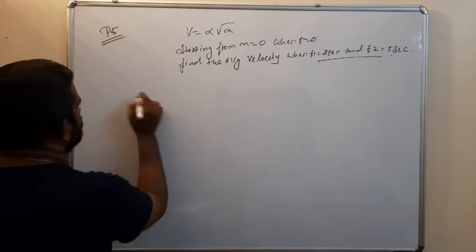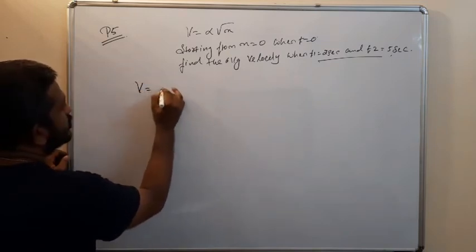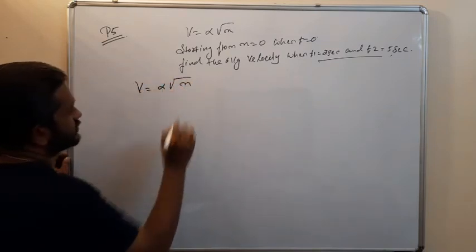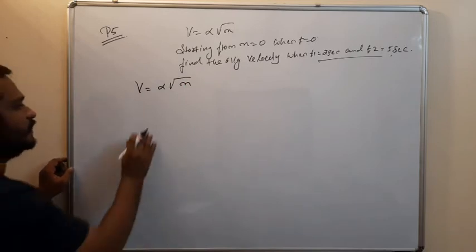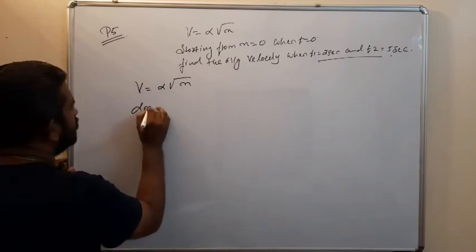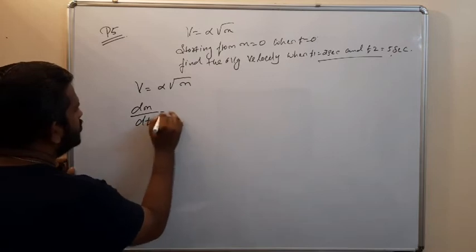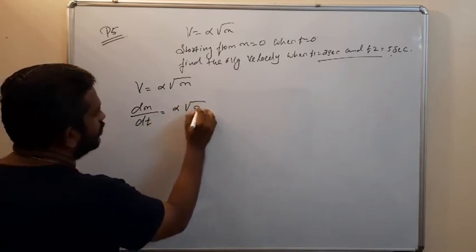So first, v is equal to alpha root x. First step, dx by dt is equal to alpha root x.